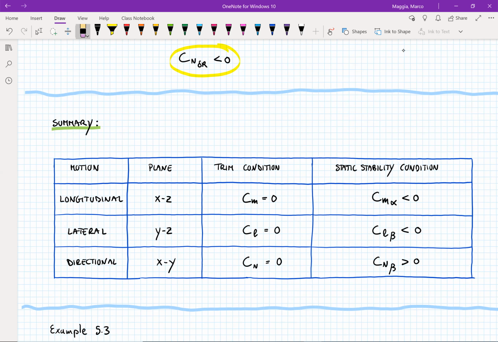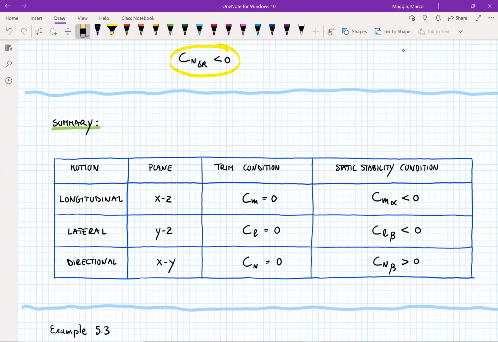Now, for the lateral motion, the lateral motion is the rolling motion, so it takes place in the yz plane. Its trim condition is Cl equals 0, and the static stability condition is Cl beta less than 0.